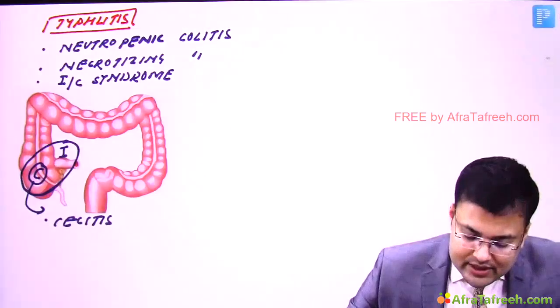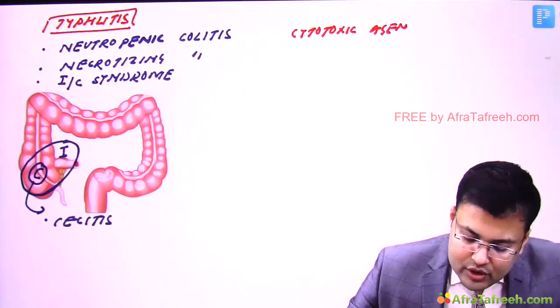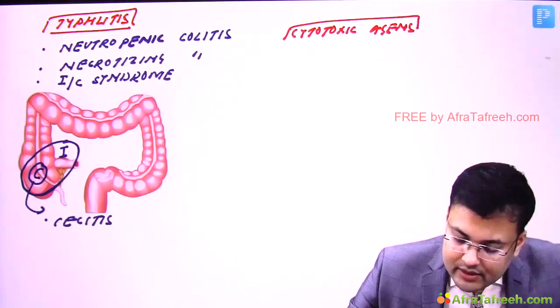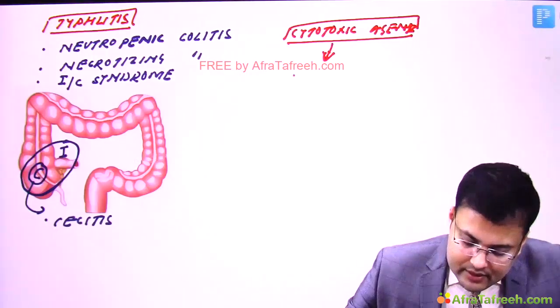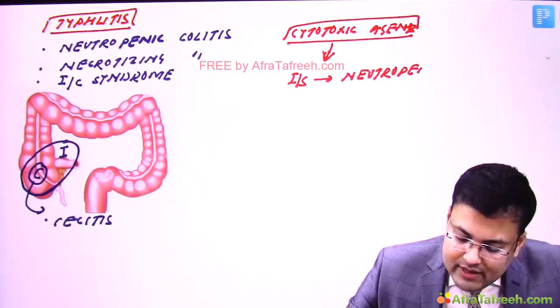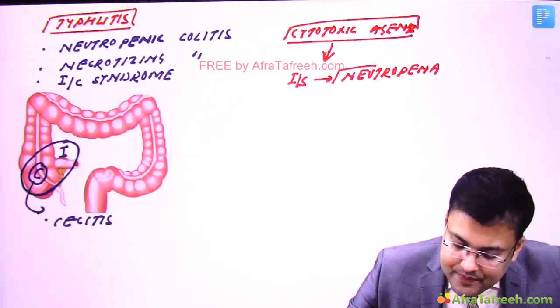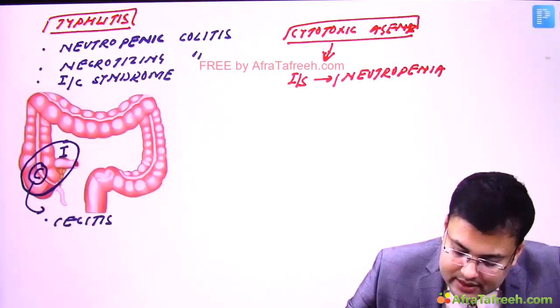Now why typhlitis is seen? So patients who are receiving chemotherapy with cytotoxic agents, and these cytotoxic agents are going to cause immunosuppression. Clear? And because of that, what will happen? There is immunosuppressive effect. So these patients are having neutropenia, and because of neutropenia there is increased risk of infection.